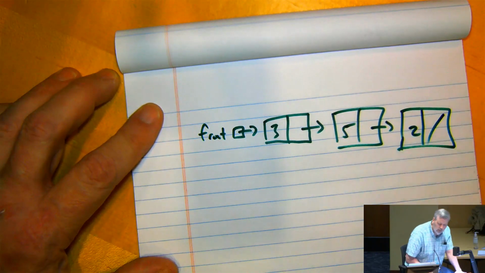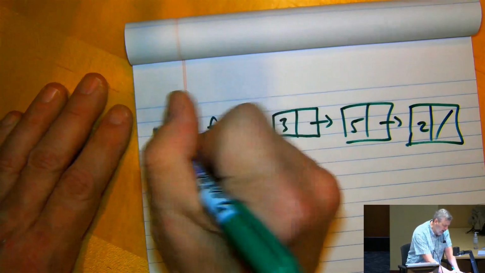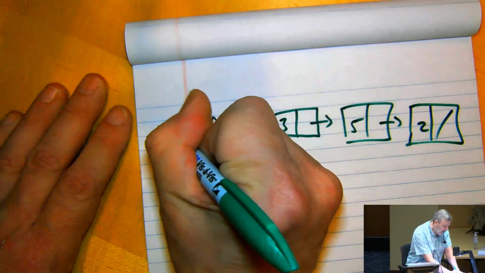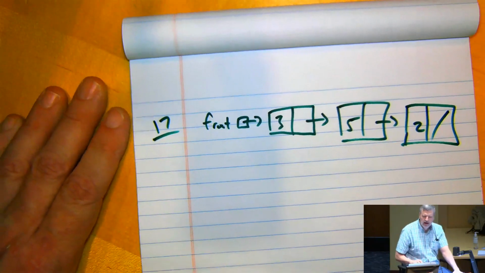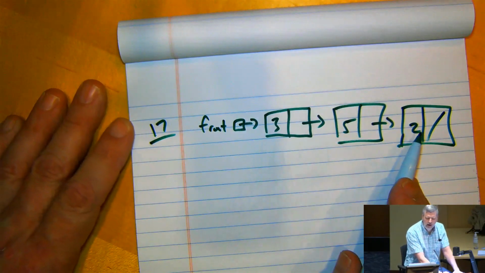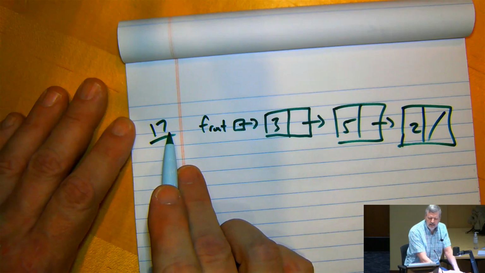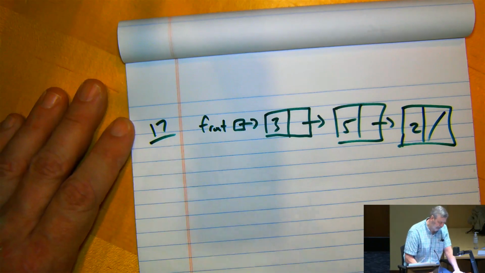Suppose that that's what we have in our list right now, and suppose that we call the add method passing in a 17 for that value. This is a 3-element list right now. I want to change it into a 4-element list where the 17 is at the end. That's what I'd like to do.